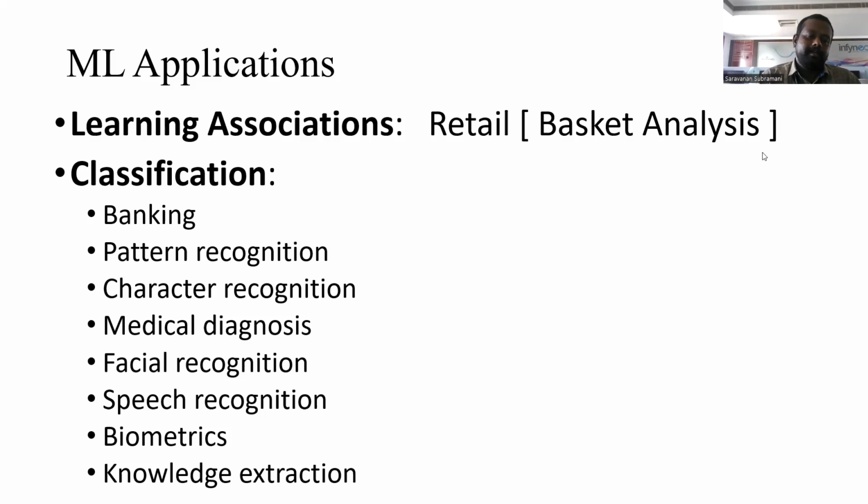Similarly, in classification activities, whether on the banking sector side, pattern recognition side, or character recognition side, we use the machine learning technique for solving a lot of problems. For example, biometrics: nowadays most organizations use it for the attendance process.